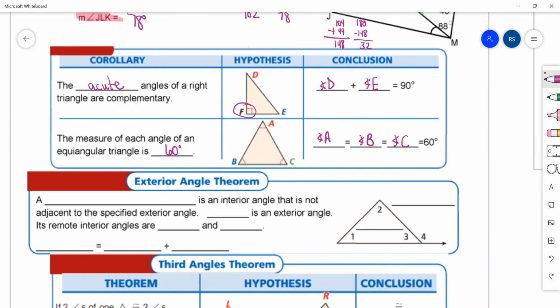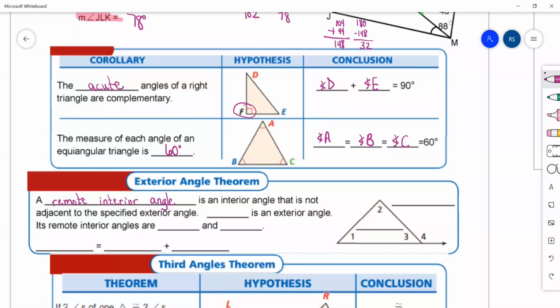Now we have the exterior angle theorem. It's based on the fact that a remote interior angle is an interior angle that is not adjacent to a certain specified exterior angle. Think of remote like this.